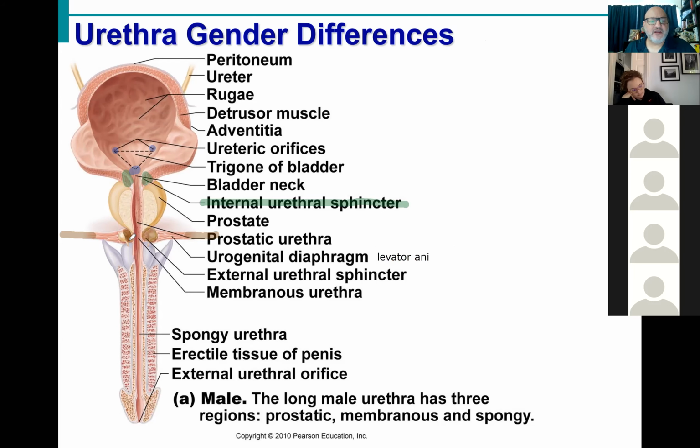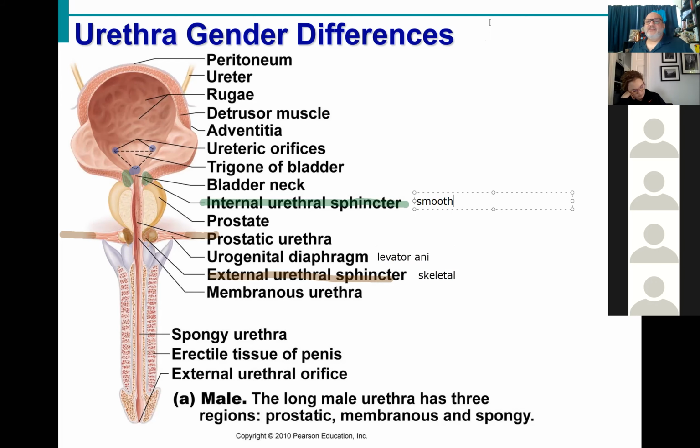Not trying to color that gland, but it's okay if we do for right now. That enlargement of the skeletal muscle, that is the external urethral sphincter, which again, for consistency, is skeletal muscle. It is part of the levator ani, whereas the internal urethral sphincter is smooth muscle, part of the detrusor muscle.